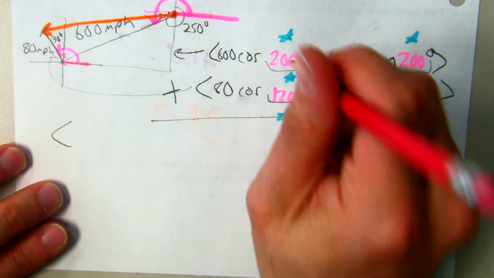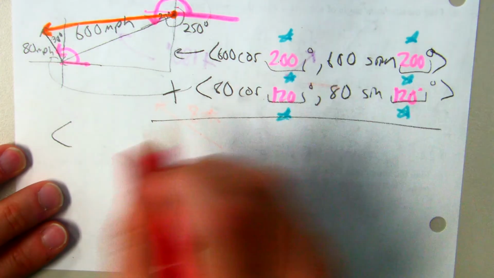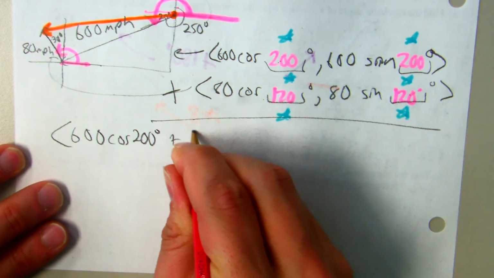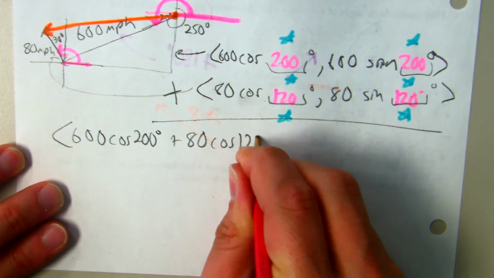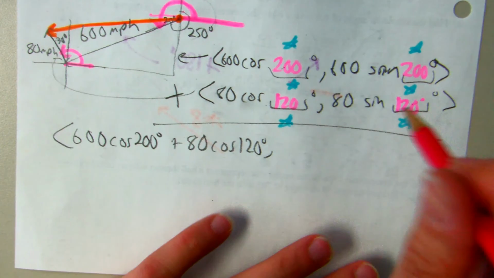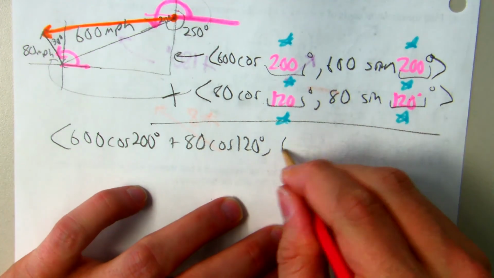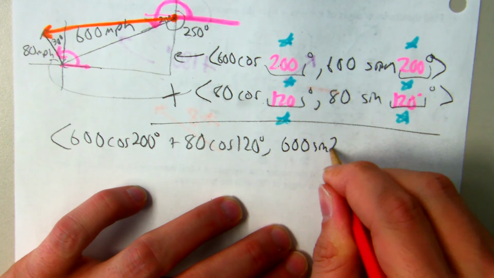So if I take how much this one's going right or left, plus how much this one's going right or left, I'll figure out what the total is, right or left. And this half only has cosine stuff in it. If I take how much this one goes up or down, and I add to it how much this one goes up or down, I get the total of how much it goes up or down.